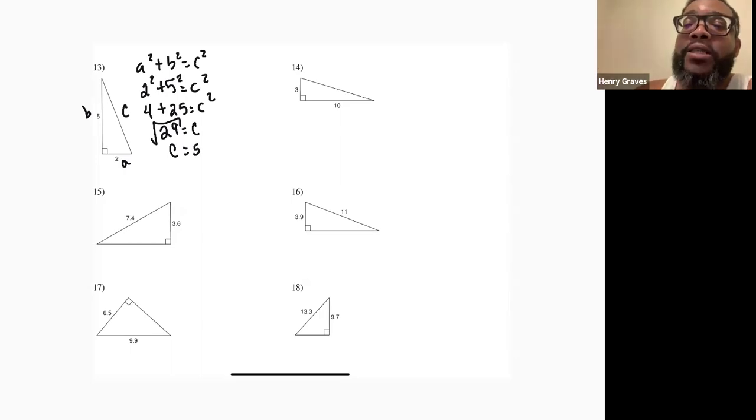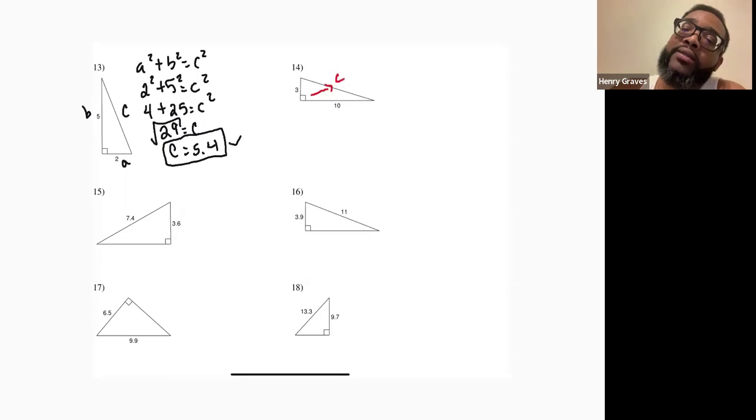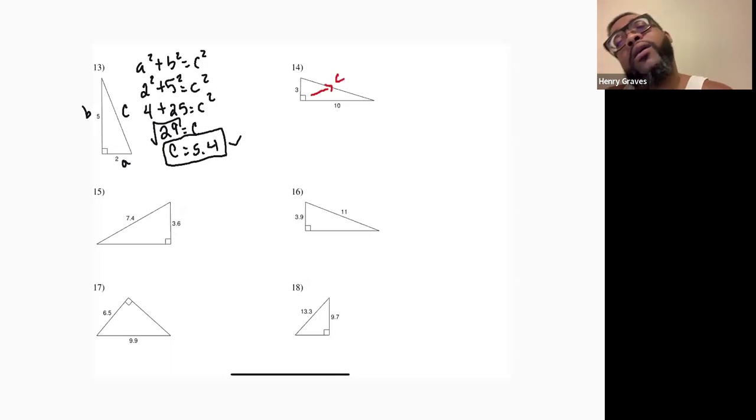Change up colors like I always do. I'm on 14 here. Again, diagonally across, this is my C. Should have done that on the other one, but I forgot. So this is A. This is B. That's 3 squared plus 10 squared equals C squared.